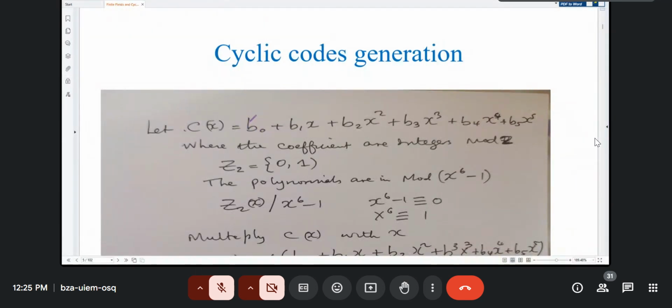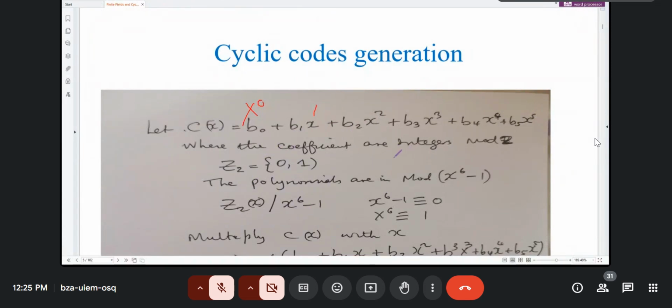This is the bit of X to the 0, the bit of X to the 1. For the one with X to the 0, of course, we don't put X, because any number to the 0 is 1. So X to the 0, X to the 1, X to the power of 2, like that up to X to the power of 5.